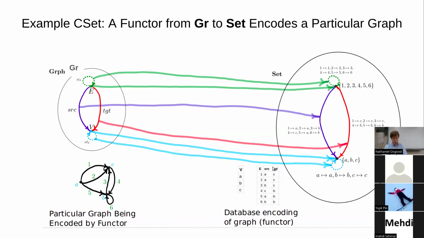So this encodes a particular graph. It specifies the vertices of the graph, the edges of the graph, and for each edge, what its source vertex is and target vertex is. And that collectively specifies a graph.